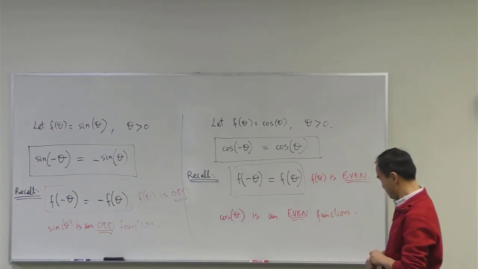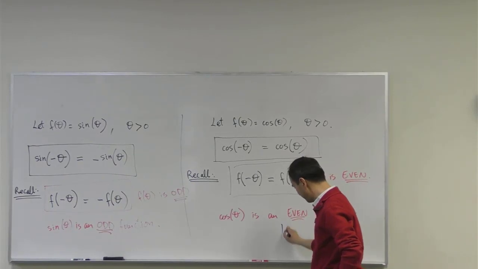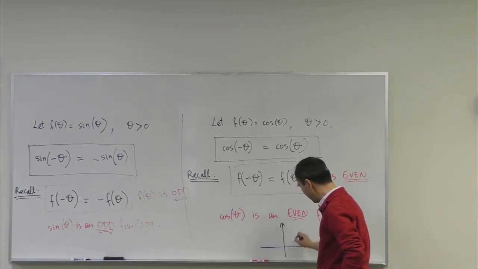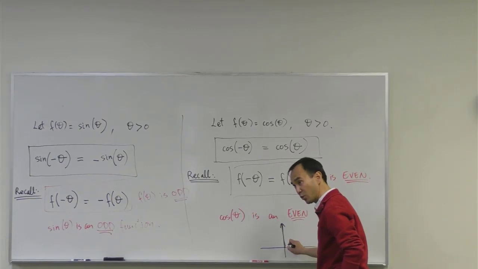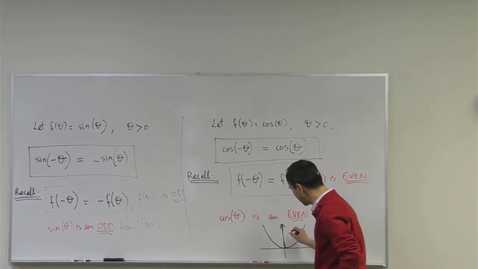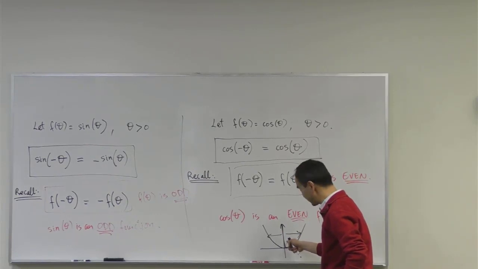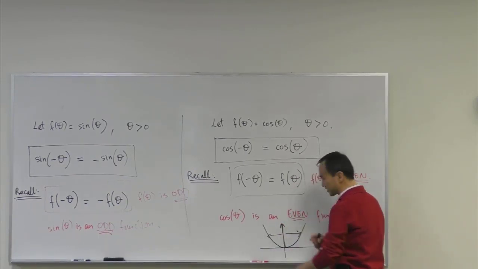So here's the thing. Generally speaking, the graph of an even function has to be symmetric through the y-axis. So there's a y-axis right here, then the graph of an even function has to generally be symmetric, like that. The y-axis here is being a mirror, and the two pieces of the graph are symmetric through the y-axis.